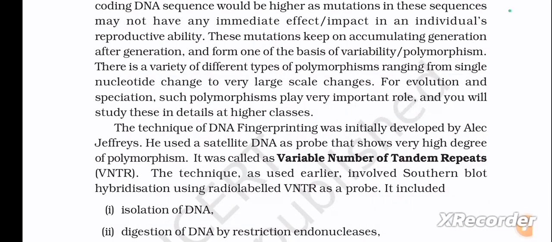There is a variety of different types of polymorphisms ranging from single nucleotide change to very large scale changes. For evolution and speciation, such polymorphisms play a very important role and you will study these in detail at higher classes.